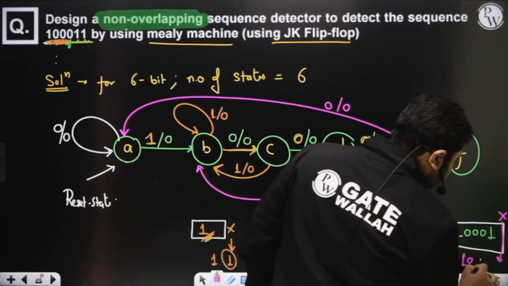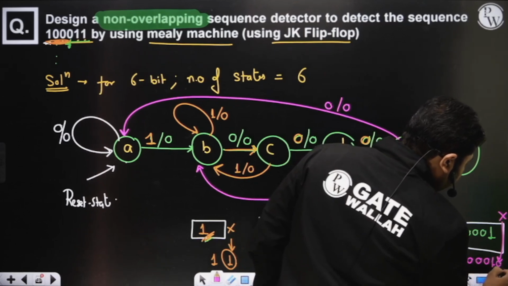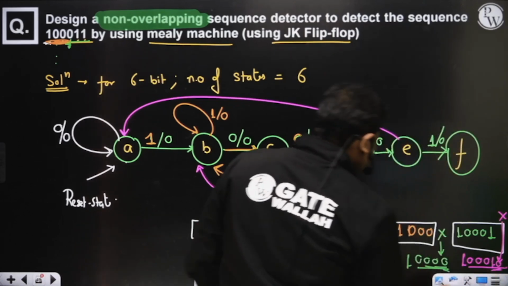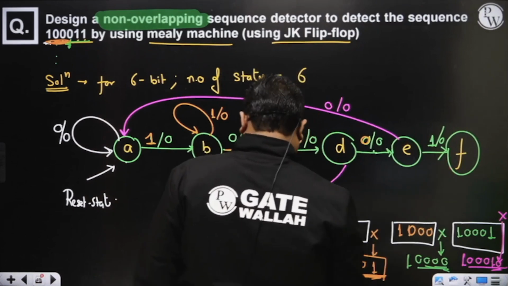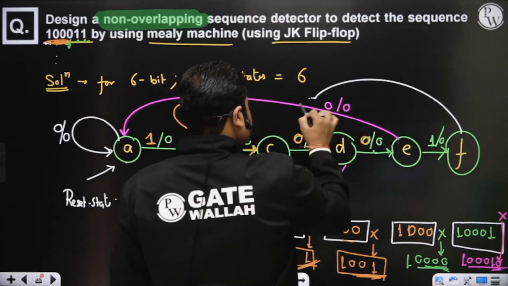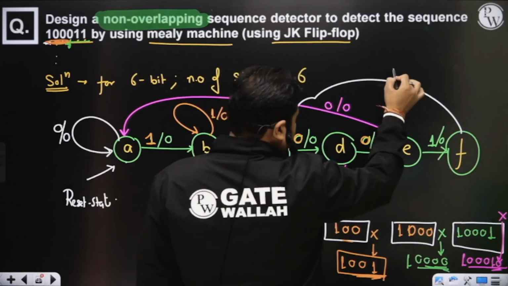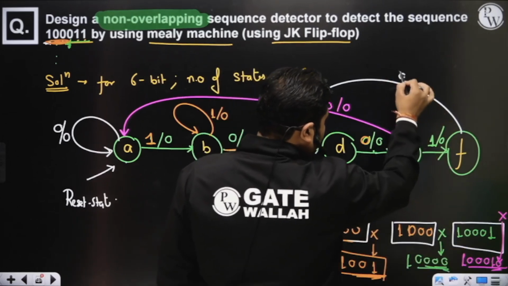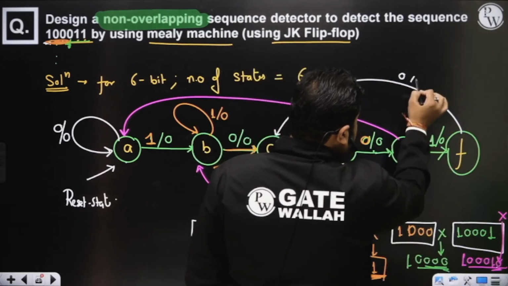So yes, the last 2 bits match the 2-bit state, so come to the 2-bit state. 1, 0 is the 2-bit state C. So for 0, you are getting output 0.